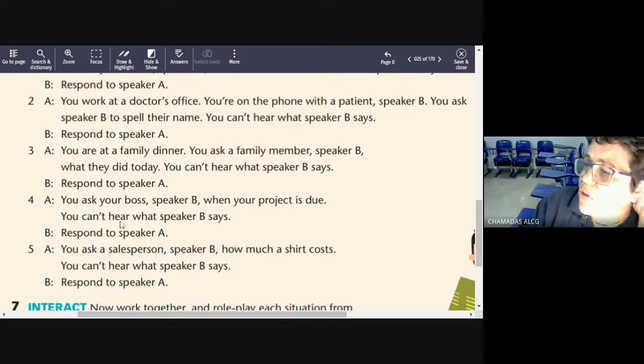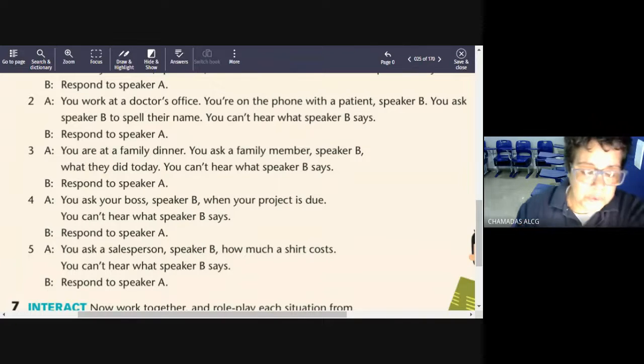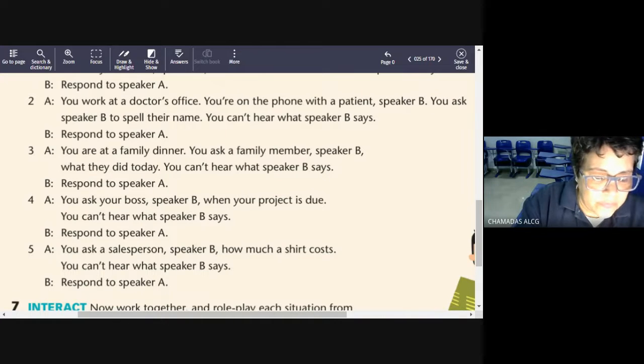So you can say, oh, sorry, I didn't hear that. What did you do? Okay, I'm writing here the ways to ask someone to repeat, not what the other person is saying, okay? So how can you ask your cousin to repeat? You can say, sorry, what did you do today?